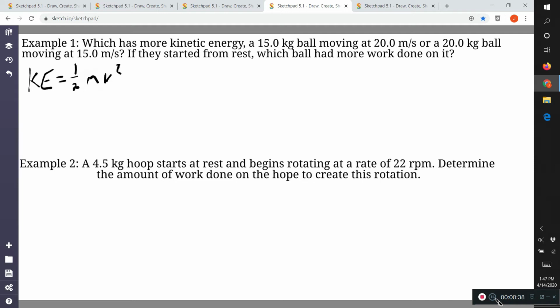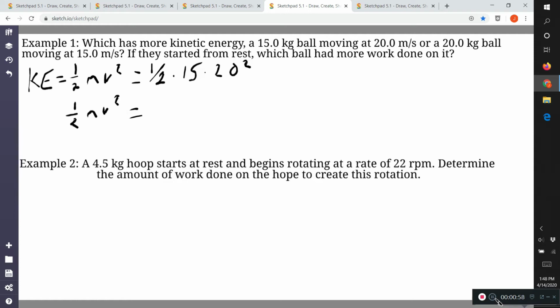So we're going to have to do this calculation twice, once for the 15 kilogram ball and once for the 20 kilogram ball. So in the first scenario, we have 1/2 times 15 times 20 squared.